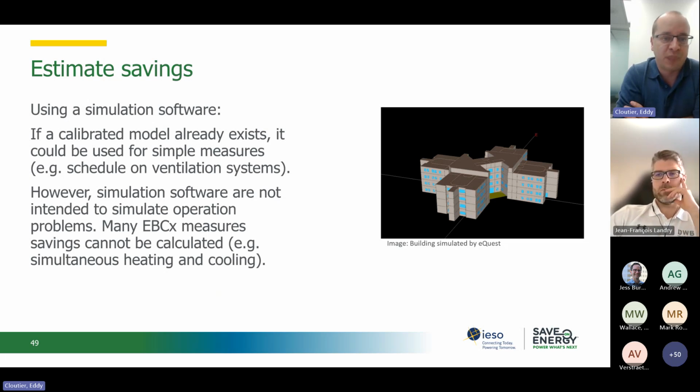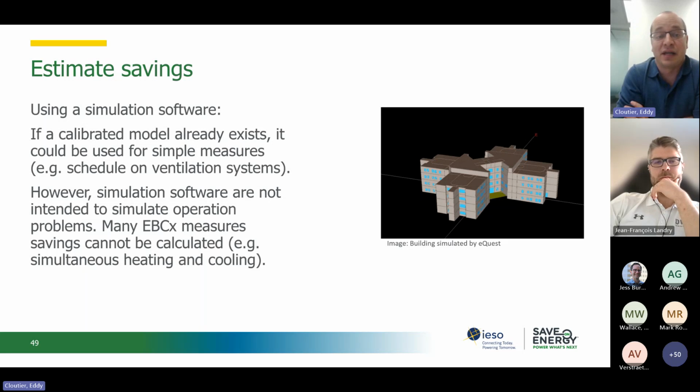I would say they are not commonly used in recommissioning projects because, first, they require a lot of effort to build the energy model, so it's not a really quick process. Also, they are ill adapted to the kind of calculation we need in recommissioning, because these software assume that the systems are working perfectly.